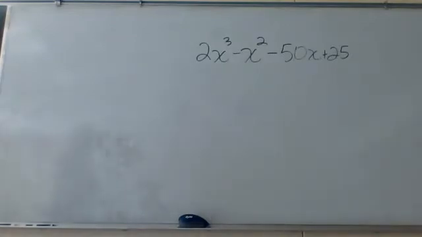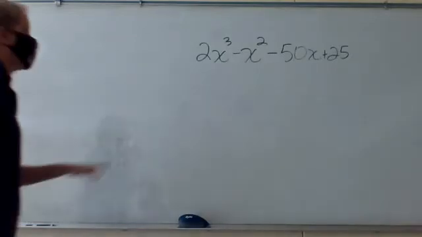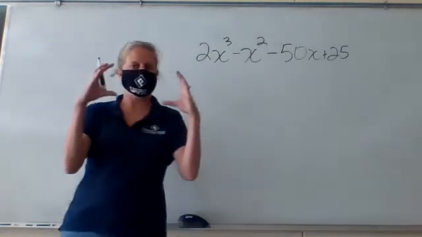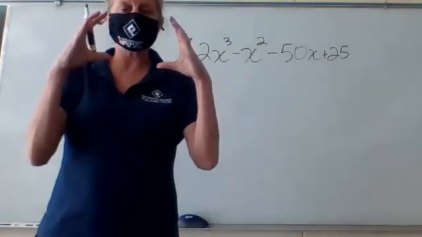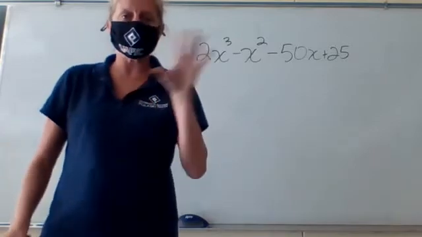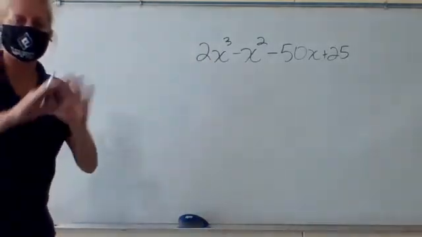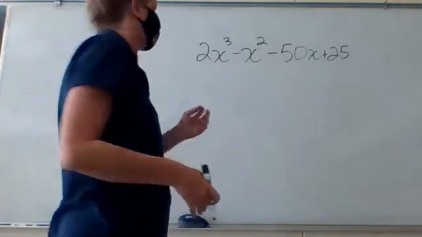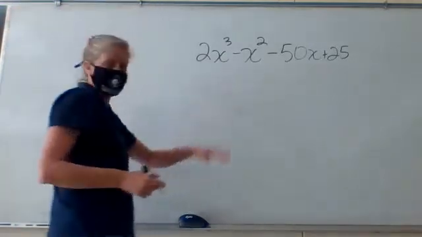Again, I gotta see the factors, right? I can't find zeros until I have factors. Because where do the zeros come from? They come from setting the factors equal to 0. So I've got to see the factors separated out into their own nice little neat parentheses. So I've got to factor this.